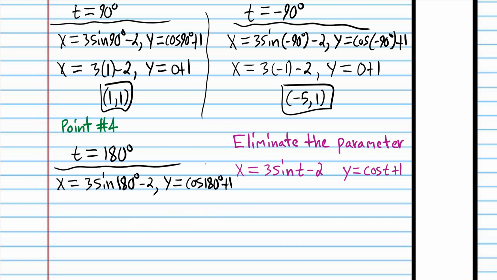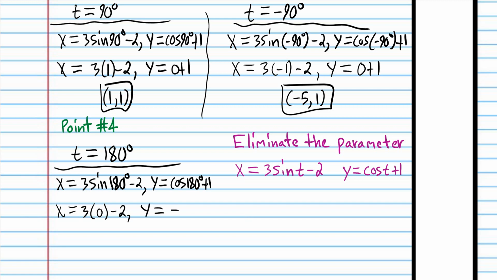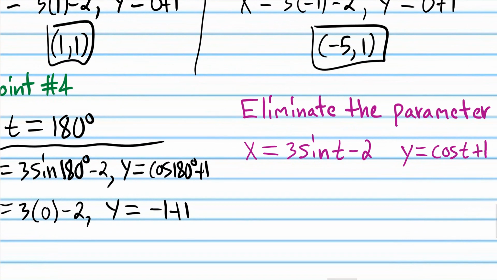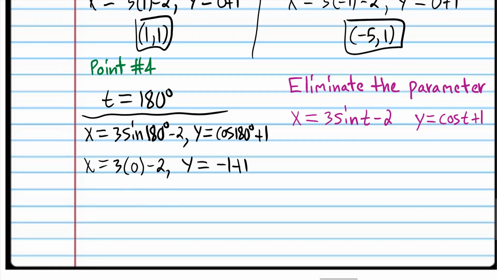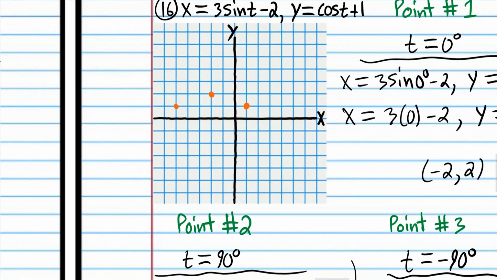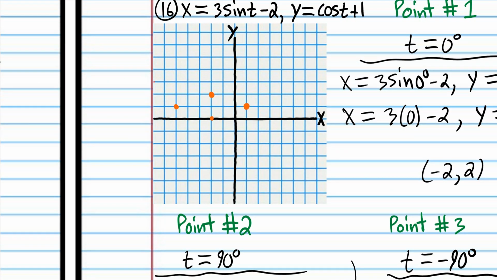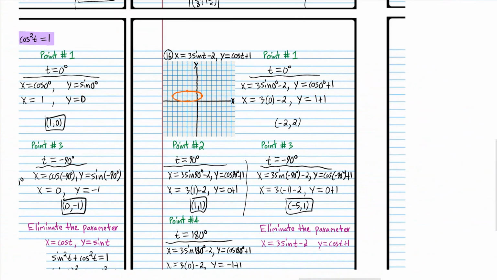So let's do the math. x is equal to 3 times 0 minus 2, y is equal to -1 plus 1. So we have -2, comma 0. So it looks like our ellipse looks like that.